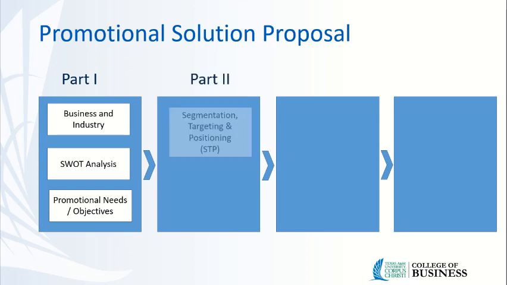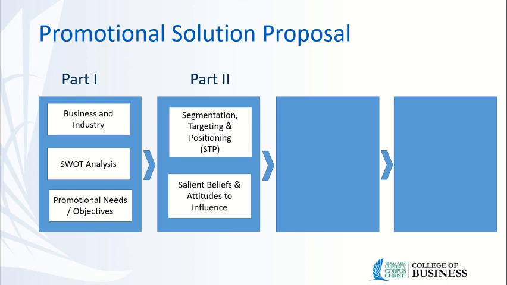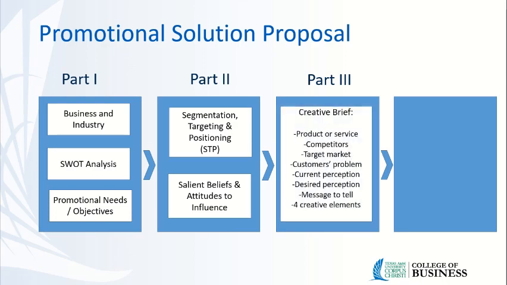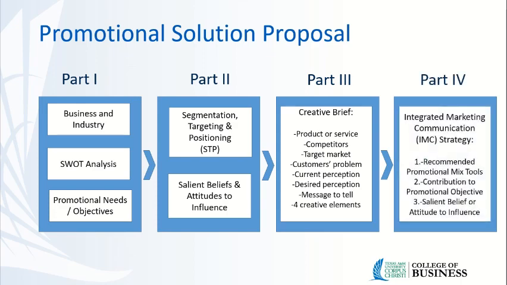Second part is the STP strategy, the segmentation, targeting, and positioning, as well as the salient beliefs and attitudes that are to be influenced or modified in target segments. Part 3 consists of a creative brief, and part 4 will be the IMC strategy, the specific tools from the promotional mix that will be used for implementation in the integrated marketing communication campaign.